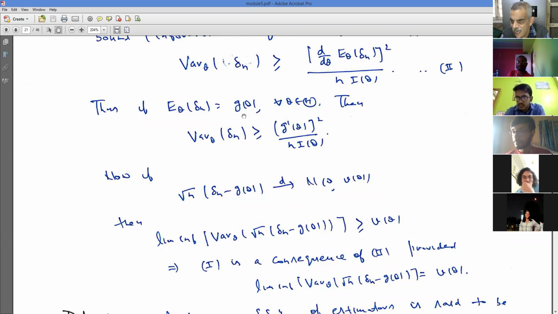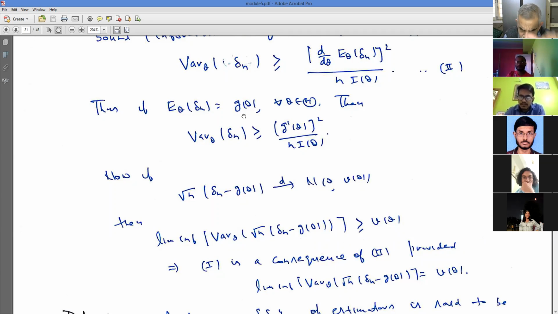That idea I get from k_n. So k_n times delta minus g theta goes to 0 in expected square or in convergence in probability. So if I have to look at two estimators, first of all, both should converge to g theta in probability. And the one which converges at a faster rate should be preferred, right?